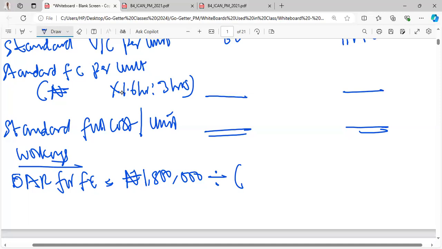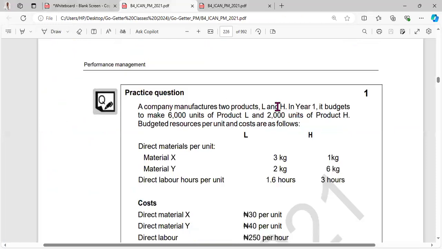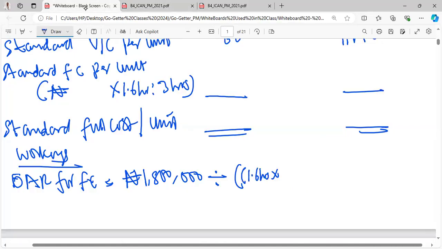The first one is 1.6 hours for product X, and we are going to be making 6,000 of it. So you multiply by 6,000, then plus we have 3 hours multiplied by 2,000 units.